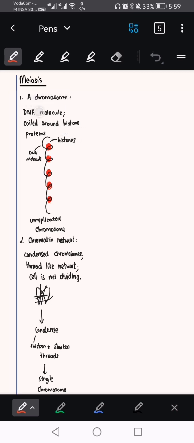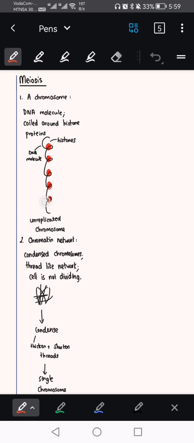A chromosome, in simple terms, is a DNA molecule that is coiled around histone proteins. Based on previous video lectures, we know that histone proteins are there to keep the structural integrity of the DNA molecule, and to make sure that this DNA molecule does not break or become injured during any metabolic processes.